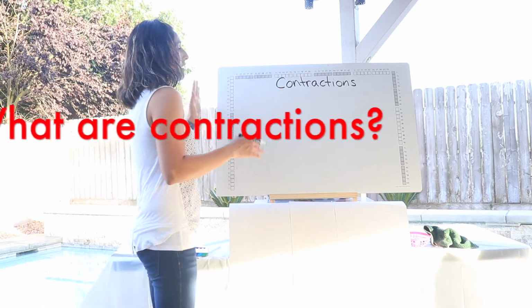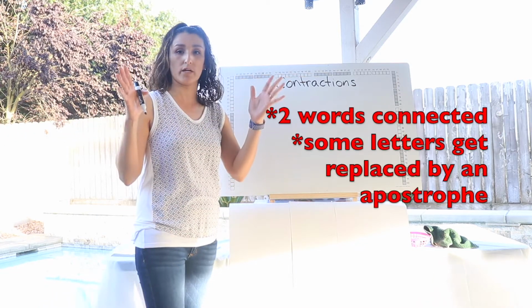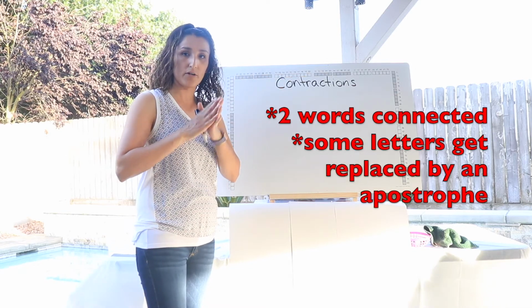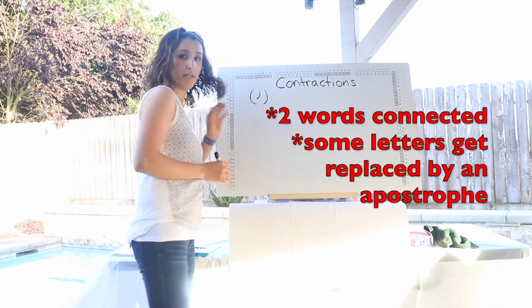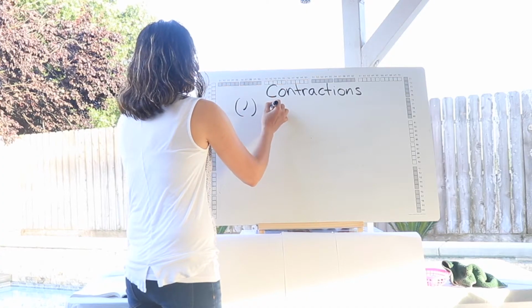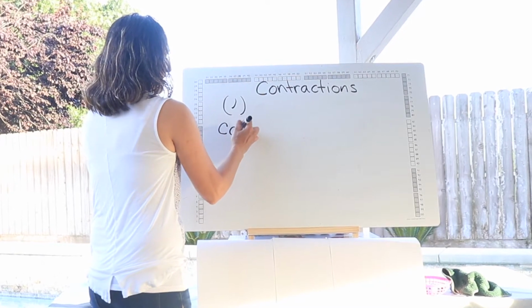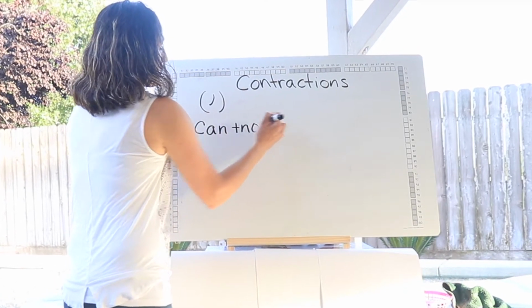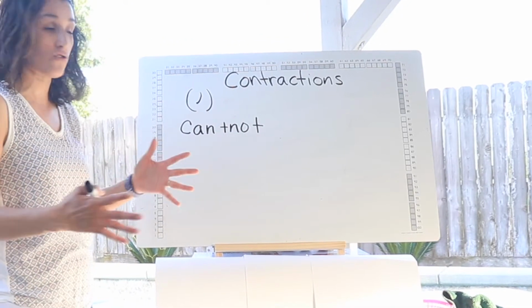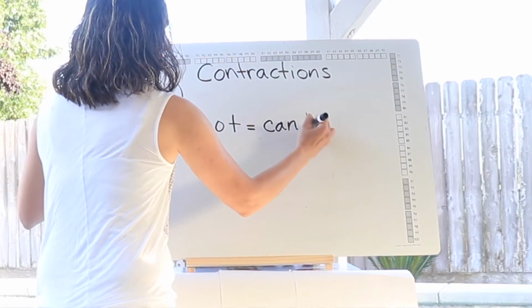Okay, so contraction, first of all, what is it? Contractions are when you have two words and you connect them together with what we call an apostrophe. Take the apostrophe and you connect the two words. So for example, if I have the word can plus not, I'm going to turn it into a contraction, which is going to be can't.